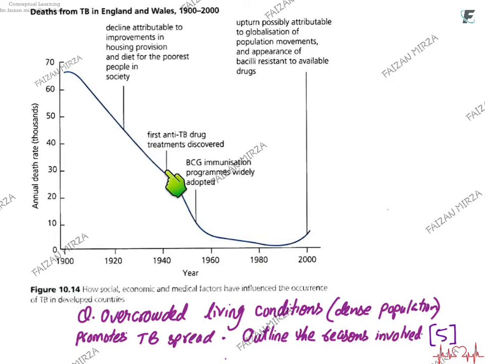And then somewhere in the 1940s, the first anti-TB drug treatment was discovered. And then this is the point in time where BCG immunization was started in England and Wales, and some countries outside England started opting for this particular vaccine as well.